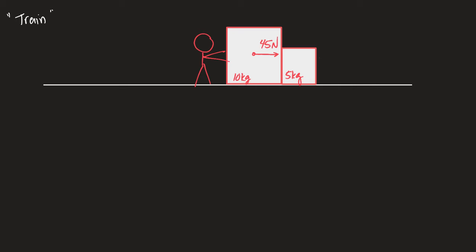In a problem like this, we are going to start every one of these problems the same way we started all the others. The difference is that there's more than one object, except that each object now gets its own free body diagram. We can only study one object at a time. So the multi-body problem, which this is, still has to be studied as if we're studying one object at a time.